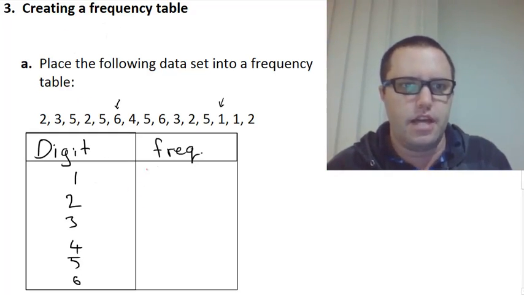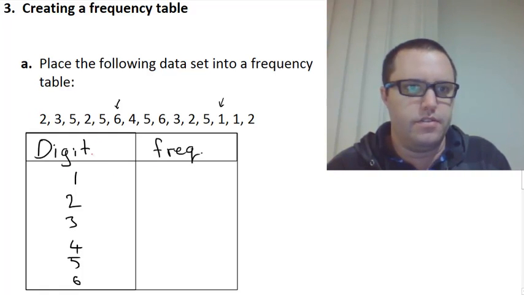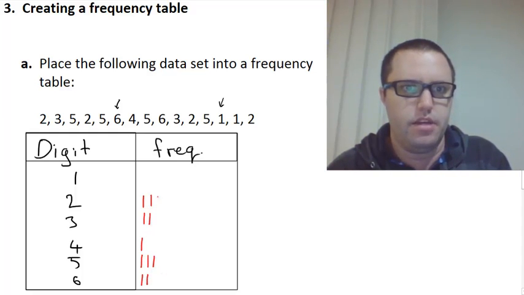Now we're just going to tally things up. So we have a 2, a 3, a 5, a 2, a 5, a 6, a 4, a 5, a 6, 3, a 2, and a 5, and a 1, and a 1, and a 2.